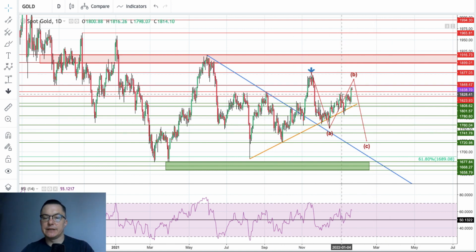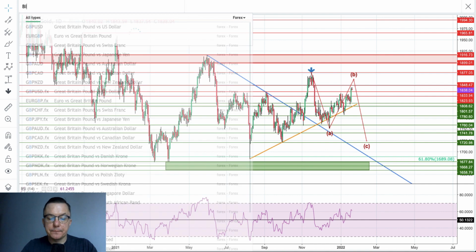So please just keep an eye on the gold, and we will see how the market will develop this situation. The key supply zone is located between 1900 and 1916.